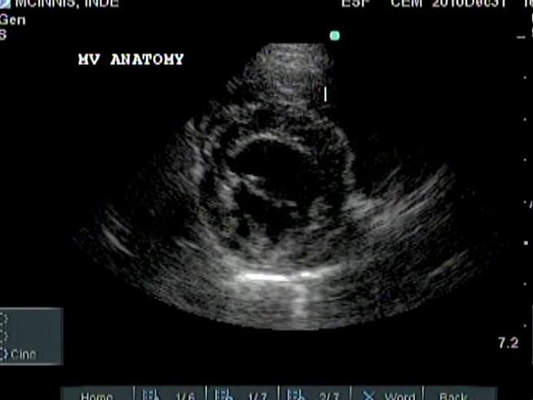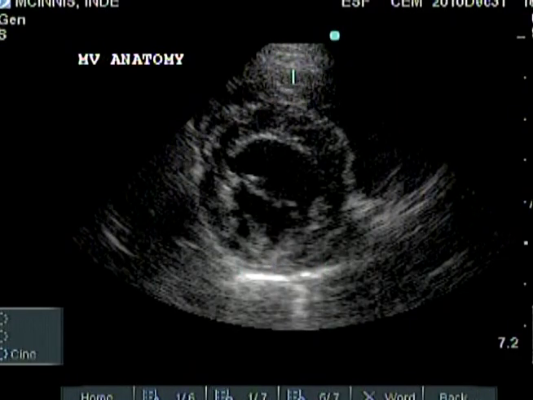You also see the right ventricular free wall in the near field. The interventricular septum separates the right and left ventricles. The left ventricular free wall is in the far field.